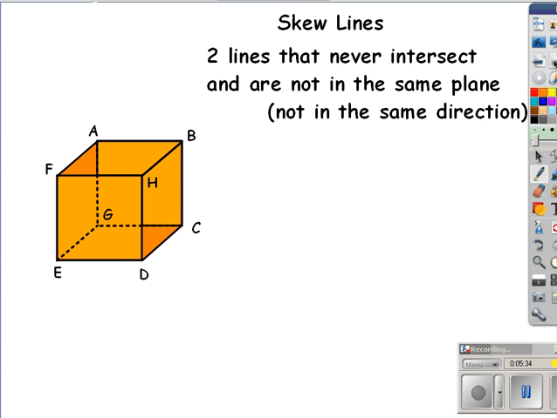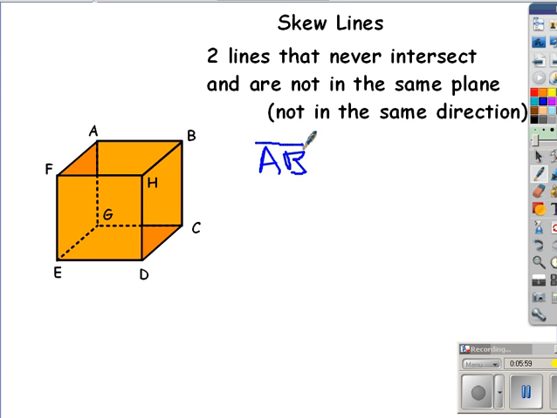So if I look here, I'm going to use AB as an example again. FH is going in the same direction as AB. Even though they never intersect, it's still going in the same direction. So those are not skew. ED, again, going in the same direction, so that is not going to be skew.